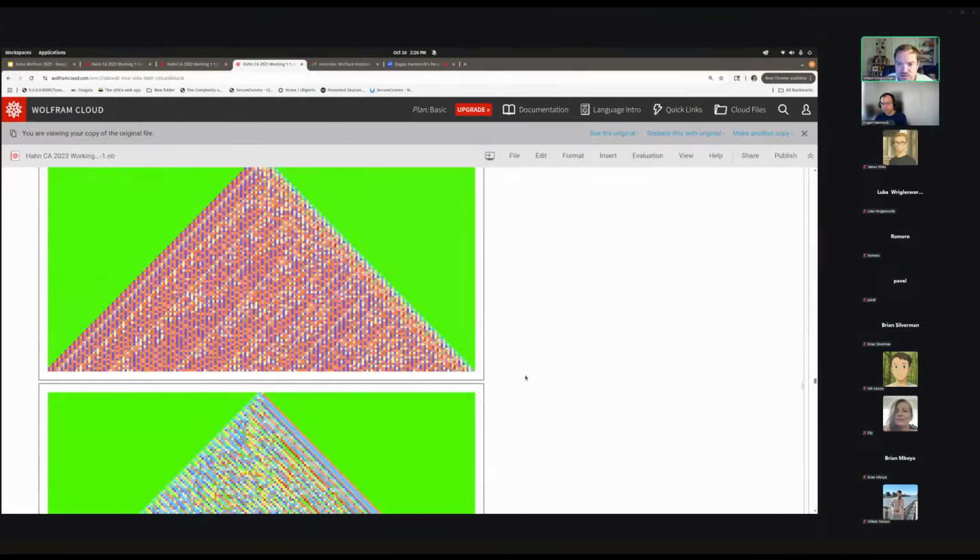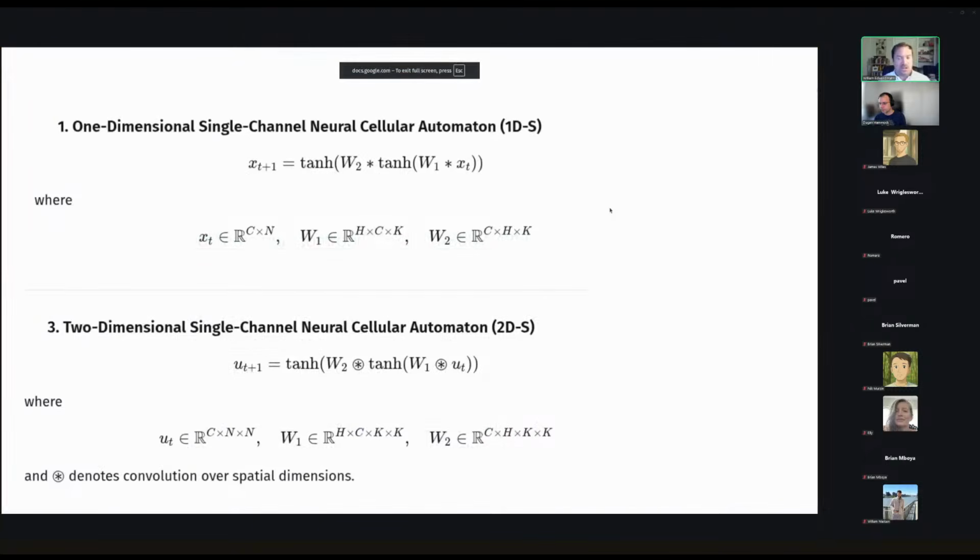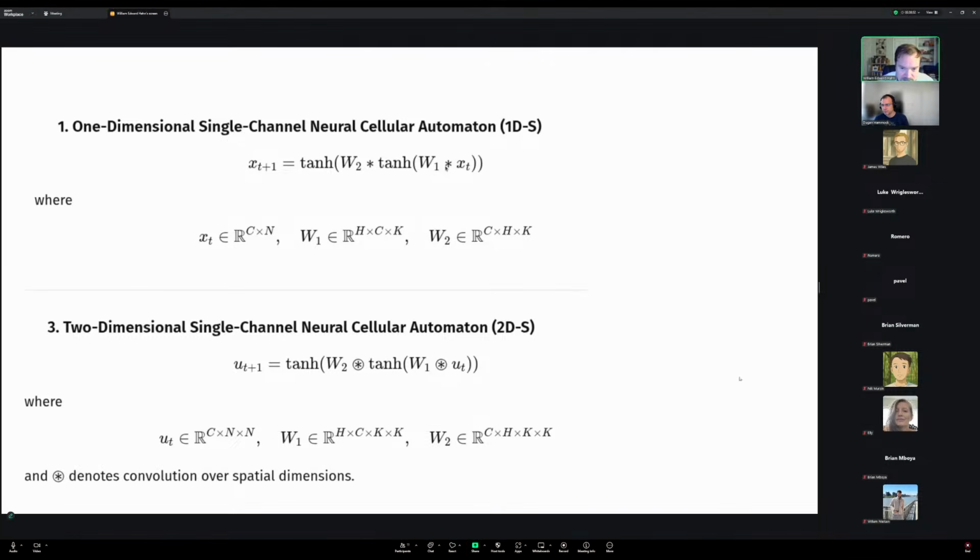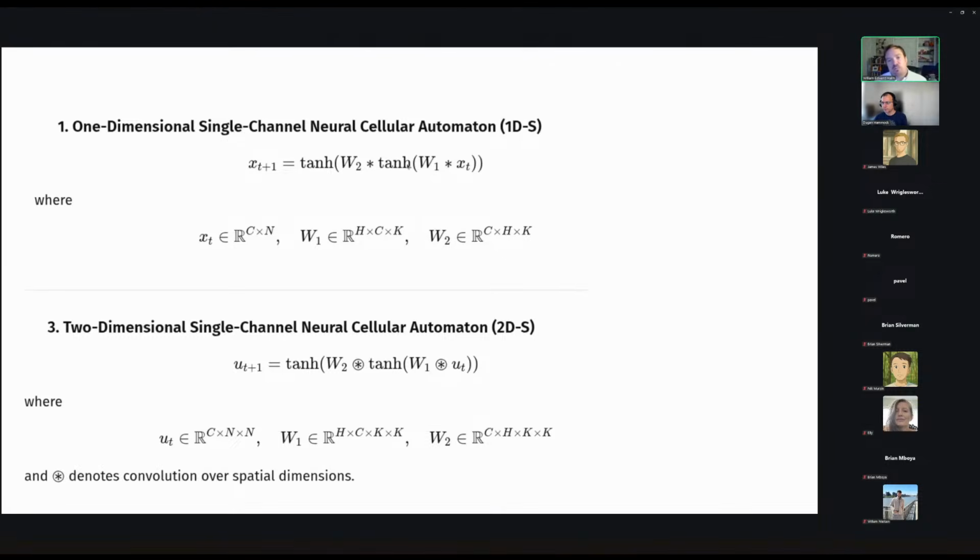All right, so let me show you a couple others I have here. Here's the equations for this. We have our vector X, and we're looking at the neighbors. But effectively what we're doing is mapping that with this first weight matrix W1 into, in our case, a 100-dimensional space. Then we do our tanh on that, and multiply that by our second set of weights.